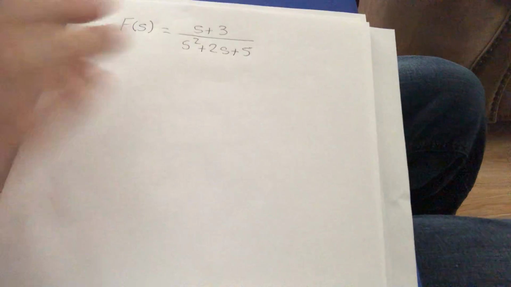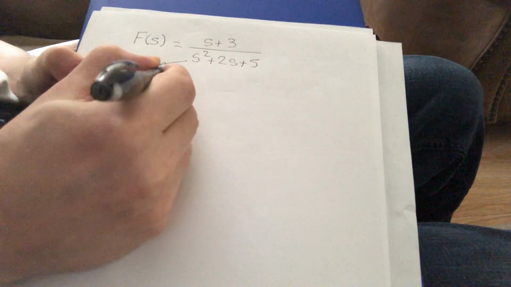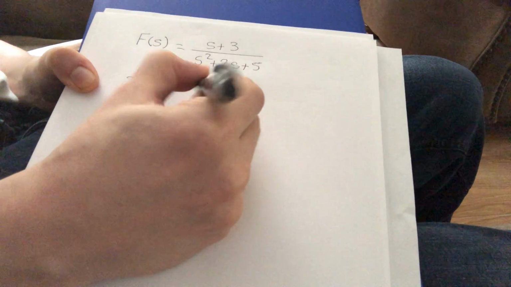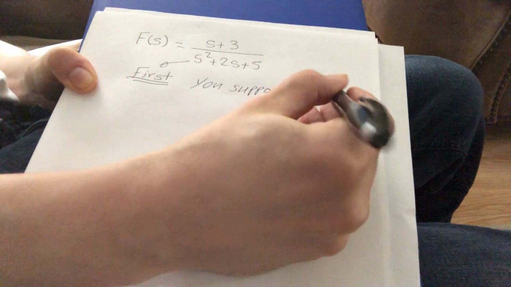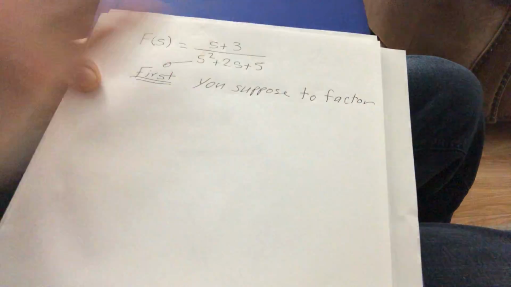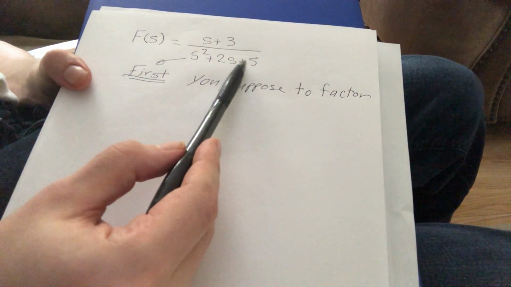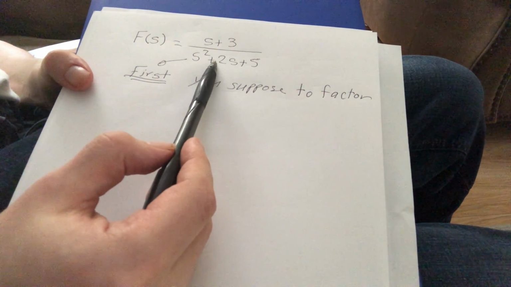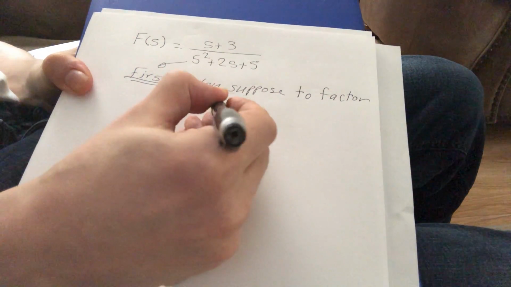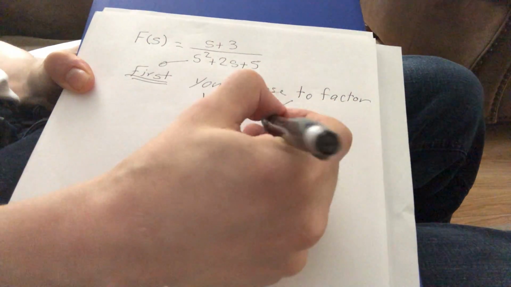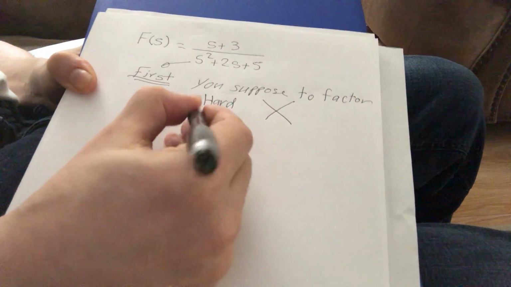Now, this one is a little bit tricky because first, you're supposed to factor this. So if you try and factor this, two numbers multiplied to 5 add to 2, you'll see, well, it's kind of hard. So this one, you won't be able to factor, then you think, let's try quadratic.